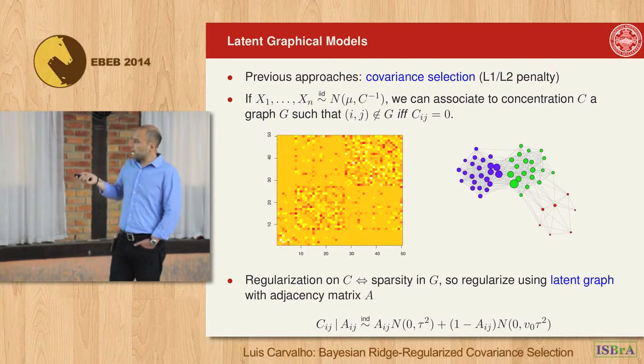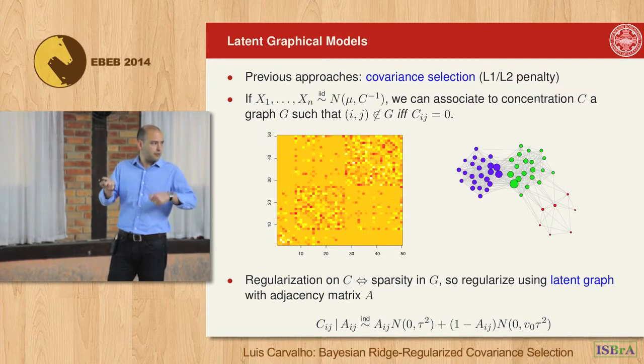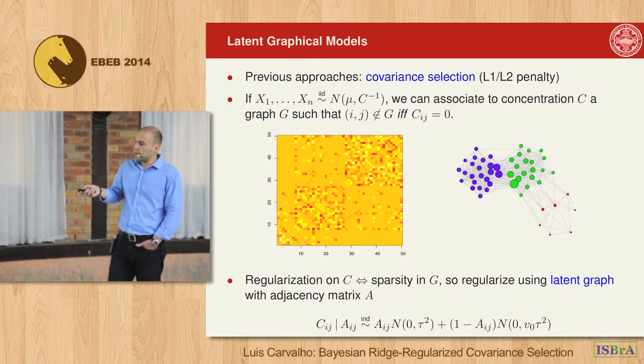We take a look at this graph as a latent graph, and then besides this likelihood here, which is how I generate the data, I can put a prior distribution conditional on the latent graph. So A is the adjacency matrix of this graph, that is 1 if there's an edge, 0 otherwise. And so I can say that the ijth entry of the concentration matrix, given that I have or don't have an edge, has this distribution here.